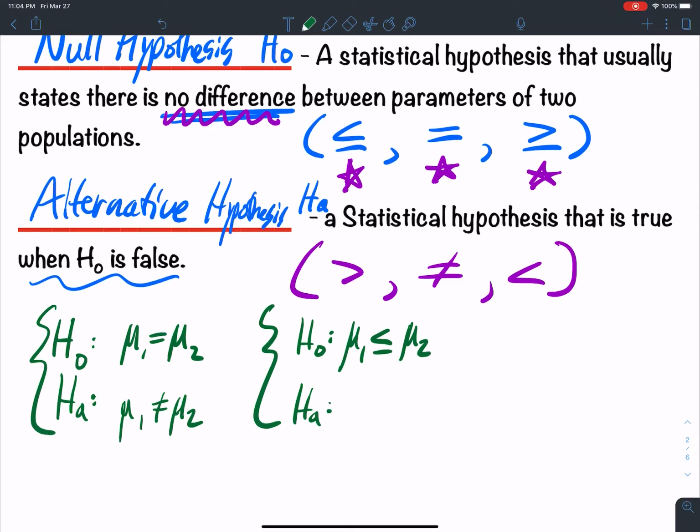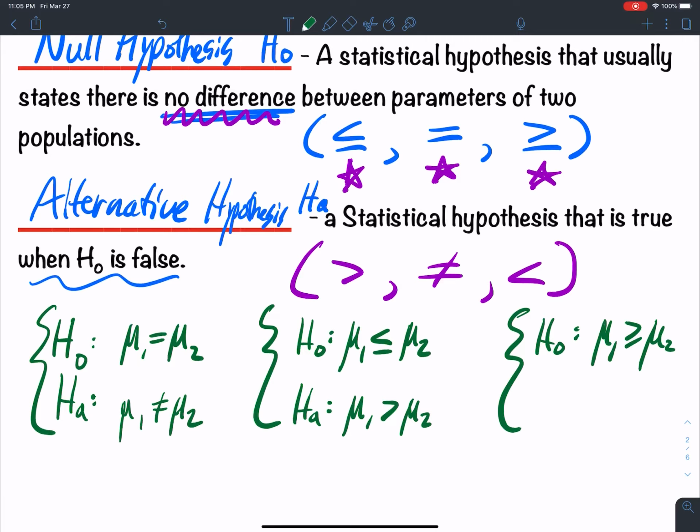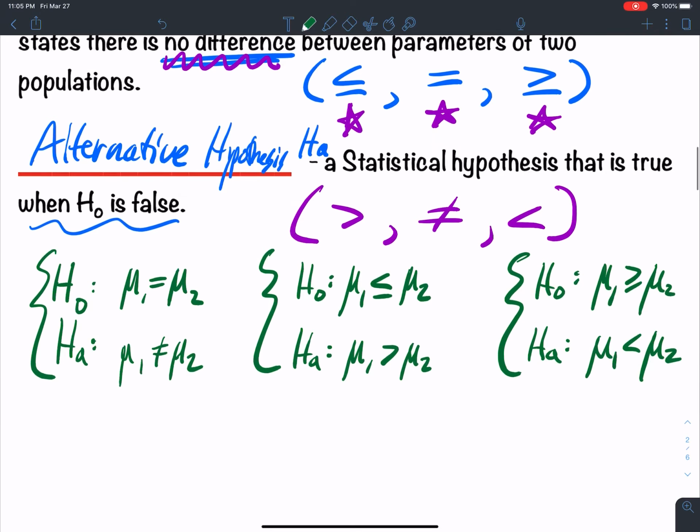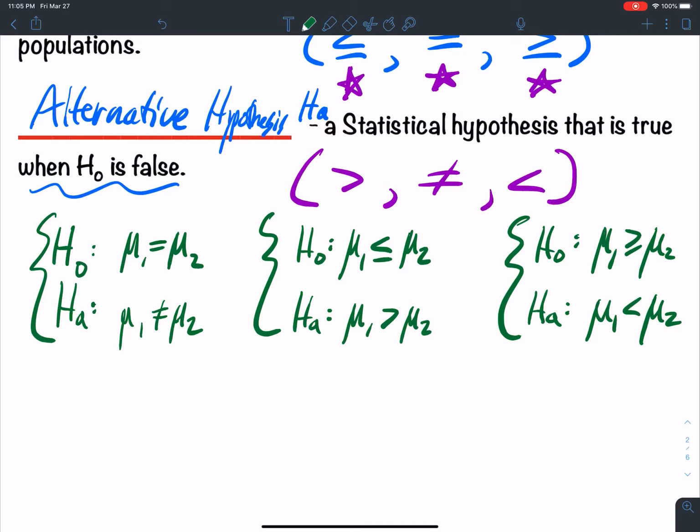Therefore, the HA is going to be mu1 greater than mu2. And the last way is the H0, where the population from the first mean is greater than or equal to the population from the second mean. And the HA is mu1 less than mu2. Okay?